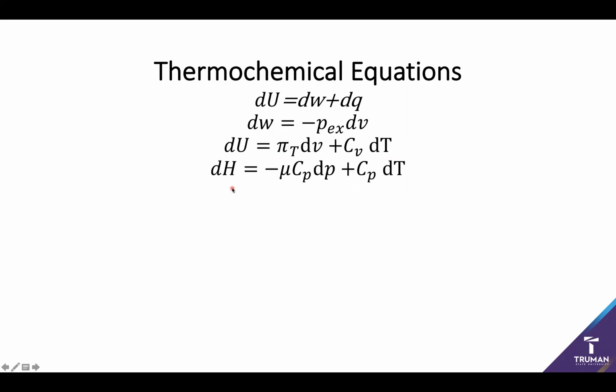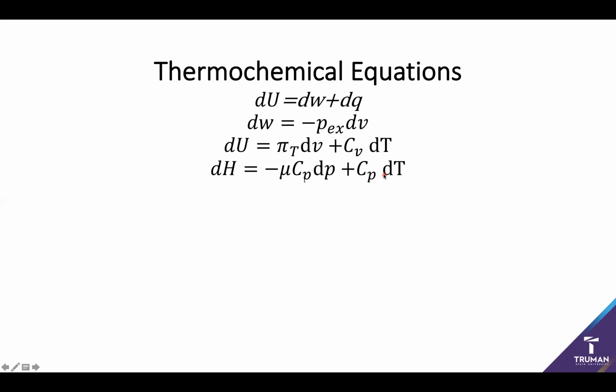And we have a similar expression for any changes in enthalpy, where enthalpy changes with pressure as negative Joule-Thomson coefficient times the isobaric heat capacity times the pressure plus the isobaric heat capacity times the change in temperature.